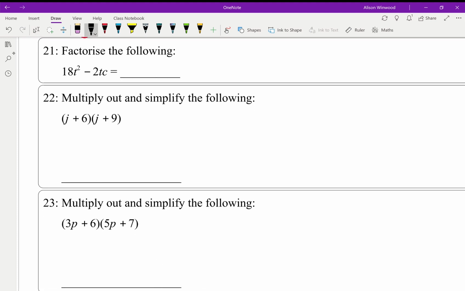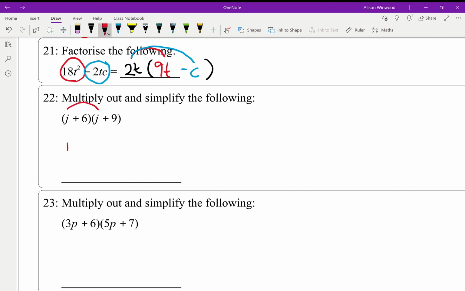Factorise, want the highest common factor of the numbers, which is 2, and both terms contain a t. Then to get 18t squared, I'd need to multiply by another 9t. To get negative 2tc, I'd need to multiply by negative c.